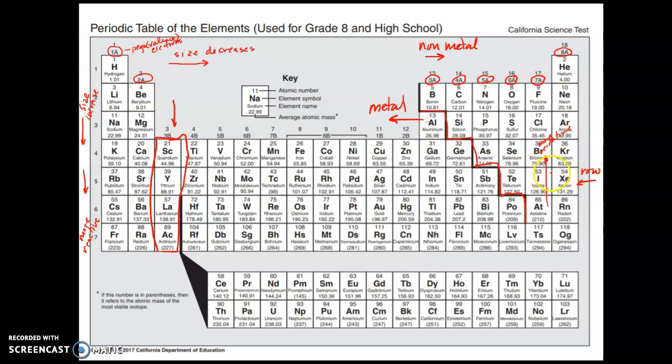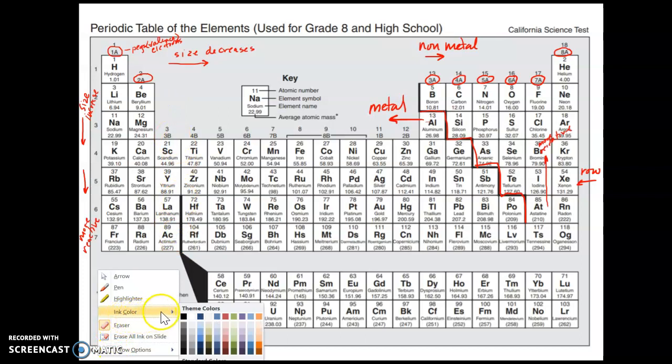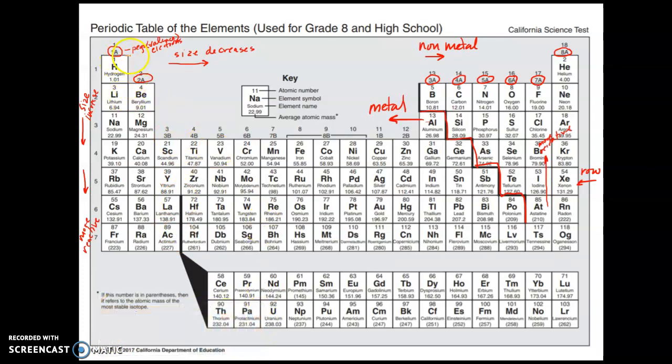So to add some more detail to that, I'm going to go ahead and erase this just because I want to identify some of the more important groups. This group right over here has a special name because it is very reactive, and it has a tendency to be seen in a lot of chemical reactions.